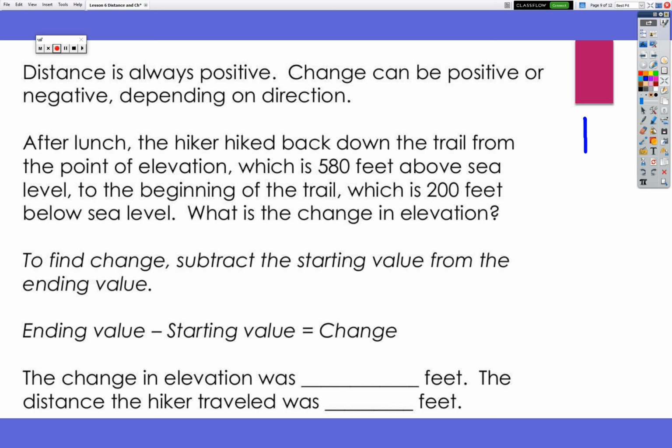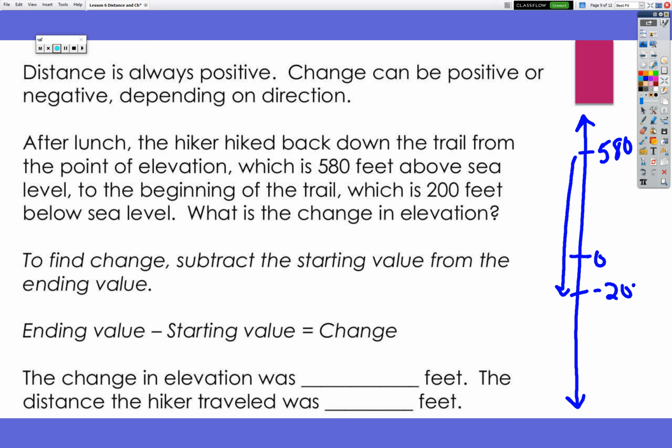Let's just draw this as we go this time. So here's my number line. Here's 0. Here's our hiker. He's up here at 580 feet. And he's going to hike down the trail to the beginning, which was here somewhere, at negative 200 feet below sea level.